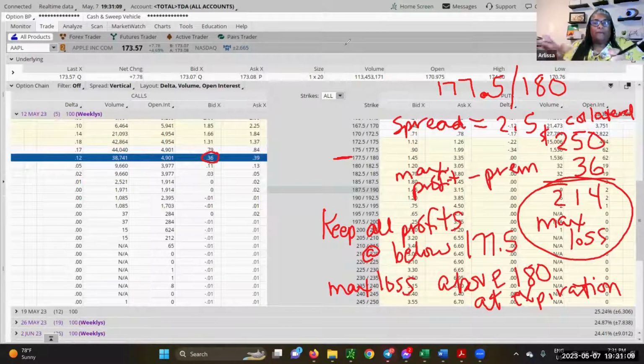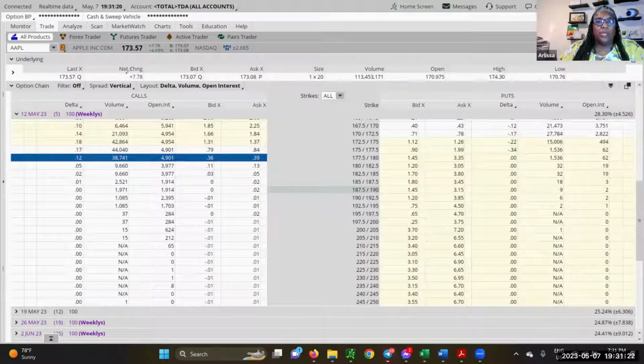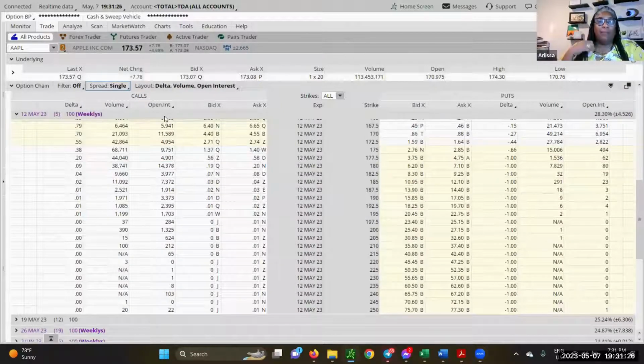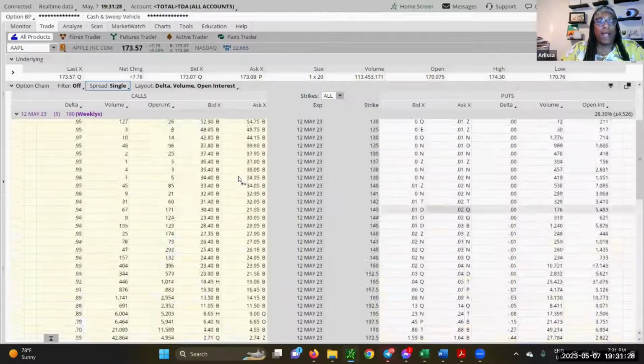But $500 allows me to trade, $1,000 allows me to trade a lot of different things. But if you're buying these same things, let's say we were looking at buying an option on Apple, let me go back to the single chain. If you say, well, I could probably just buy and do better, you could possibly.